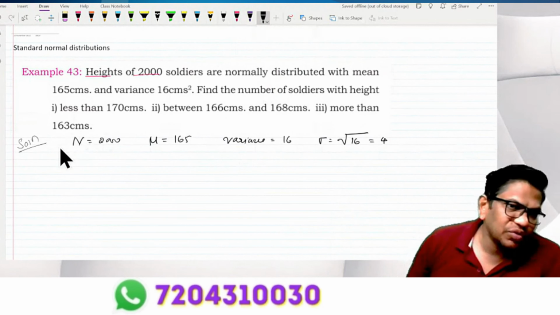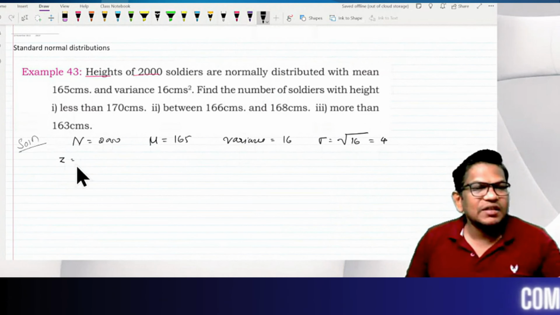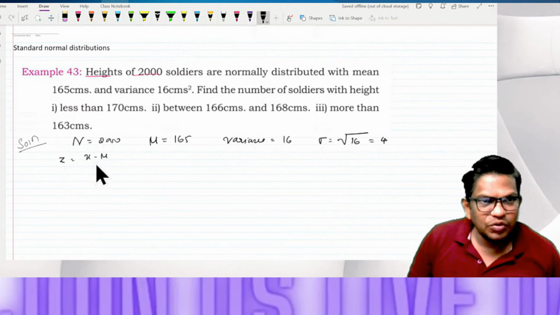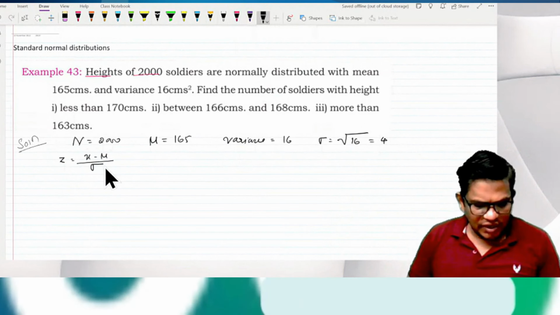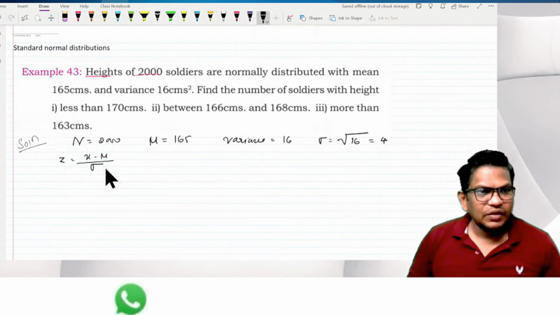So yeah, you know the formula, right? Z is equal to what? x minus mu divided by standard deviation. Start writing, children.